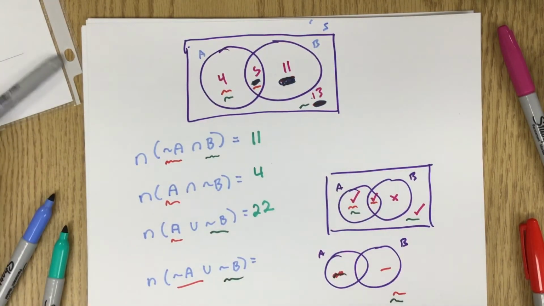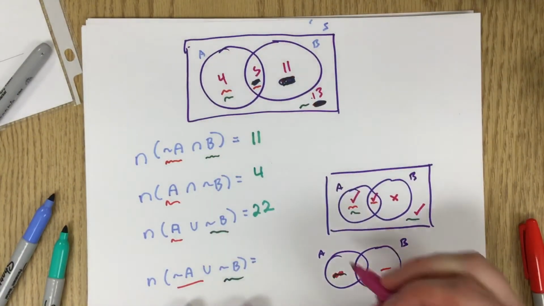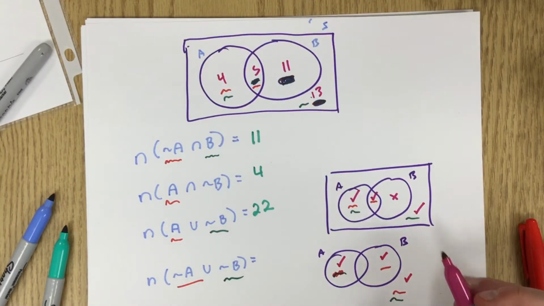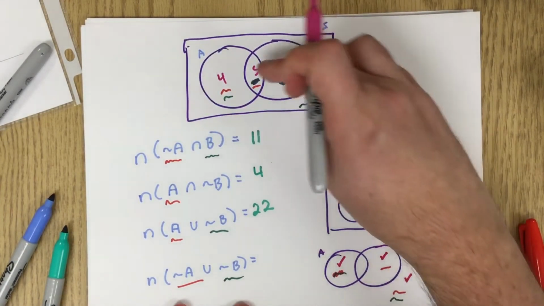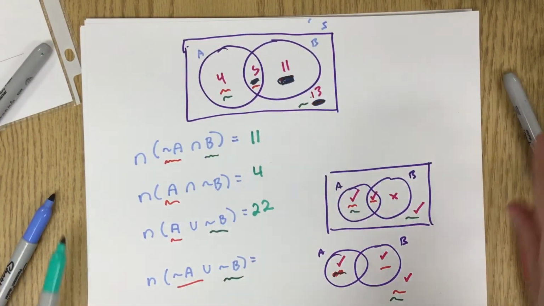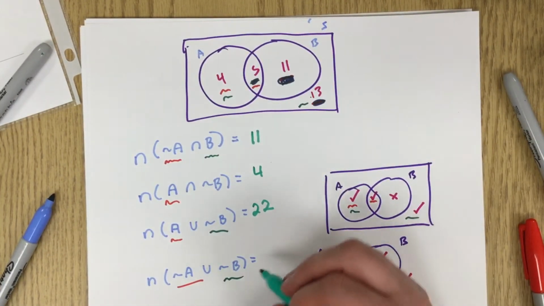And we want at least one of them. So which one has at least one of them? Like that, like that, like that. Those are the ones that have at least one. So it's everything but that. It's going to be 4 plus 11 plus 13, which is 24, which is 28.